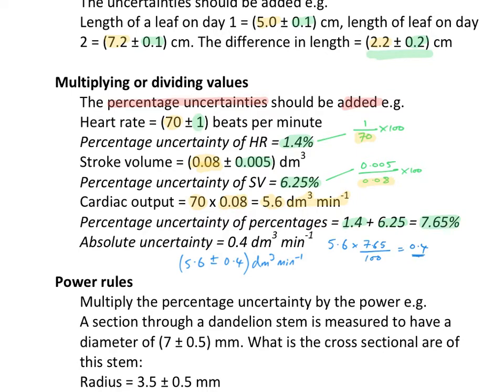We've worked out the percentage uncertainty for each of the individual original values, then we add them together to get 7.65. And then we have to relate this back to the final answer. Within this 5.6 decimeters cubed per minute, 7.65% of it is uncertainty. So that boils down to 0.4 decimeters cubed per minute.